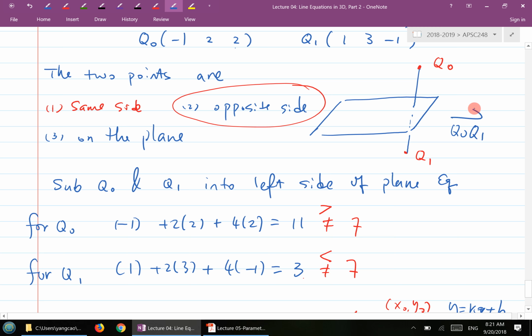Then the next point I want you to exercise is: can you find the intersection point between this line and the plane? Once you find the line equation, can you find the intersection point between the line and the plane equation here?